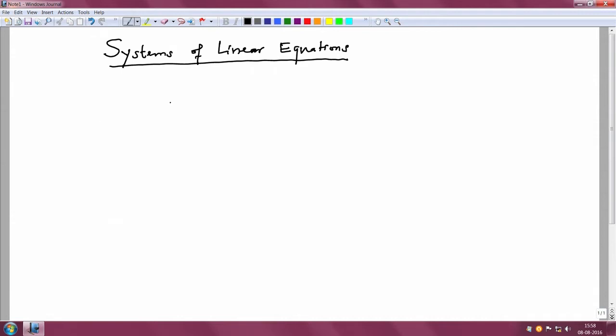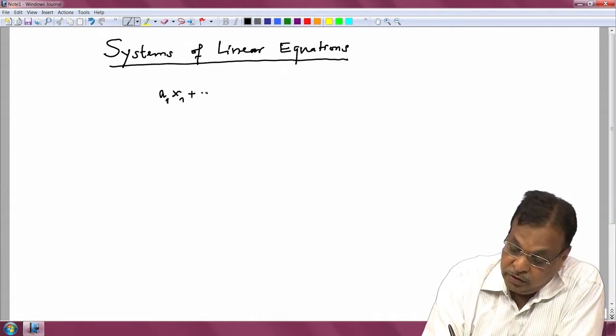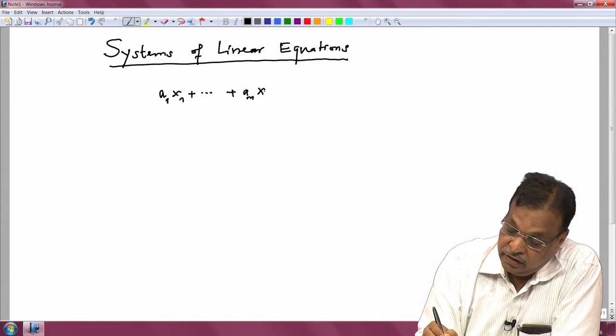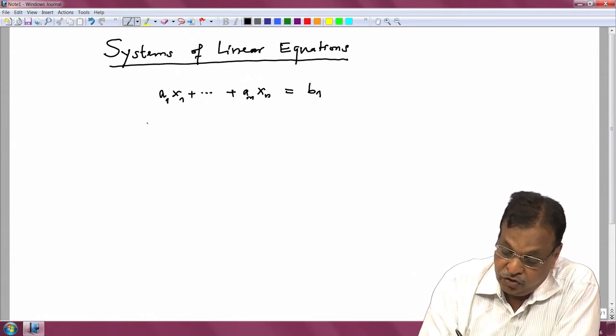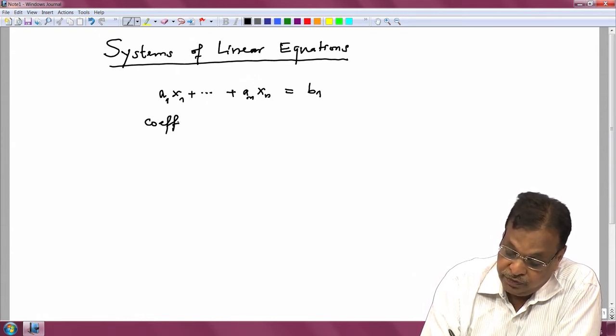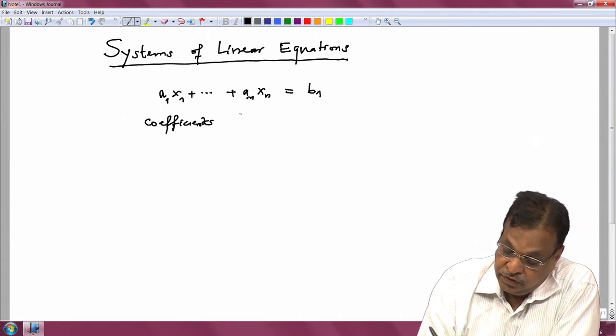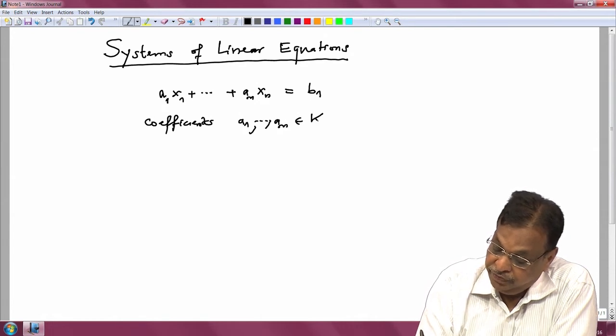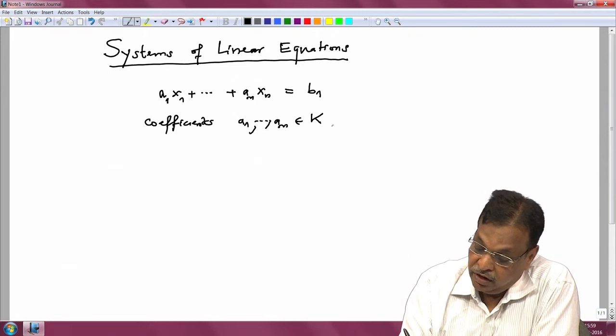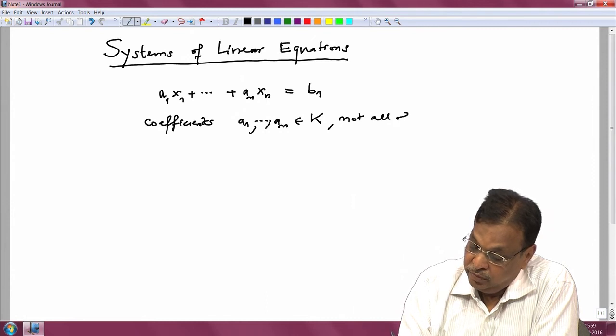First of all, the linear equation we will denote a1 x1 plus ... plus an xn equal to some b1, where these coefficients a1 to an are elements in the field K and not all of them 0.